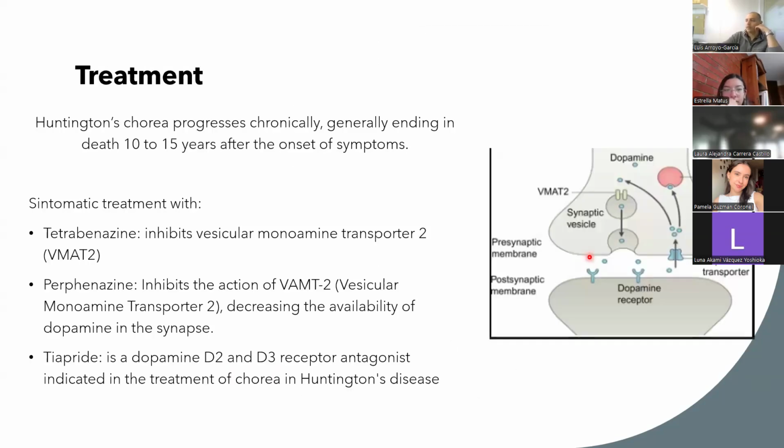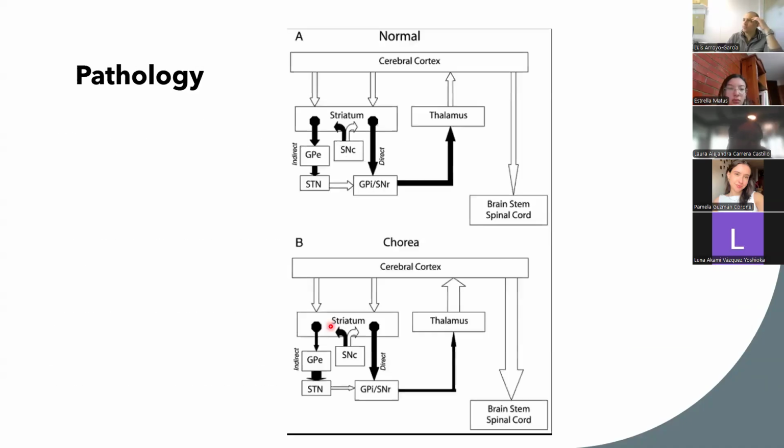I could ask you why the D2 and the D3 receptors, but that's why I wanted you to study the basal ganglia by yourself. If you remember, D1 is for the direct pathway, and D2 is for the indirect pathway. So we need to be careful which pathway we are inhibiting, but that's maybe too much.